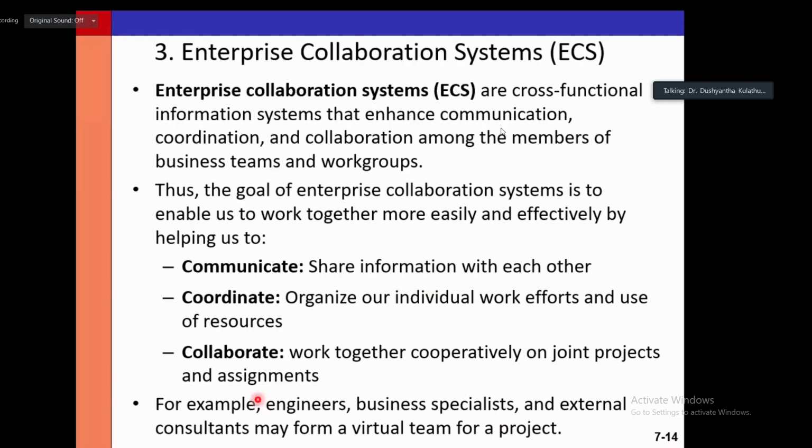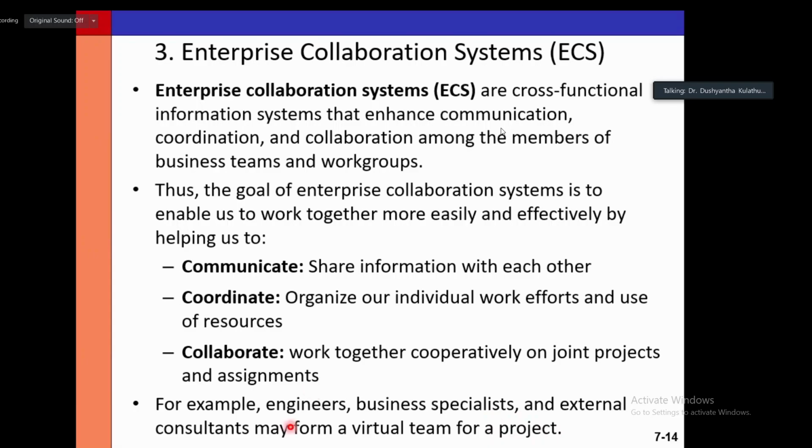For example, engineers, business analysts, and external consultants may form a virtual team for a project. Depending on the nature of the particular project, who is involved can change.